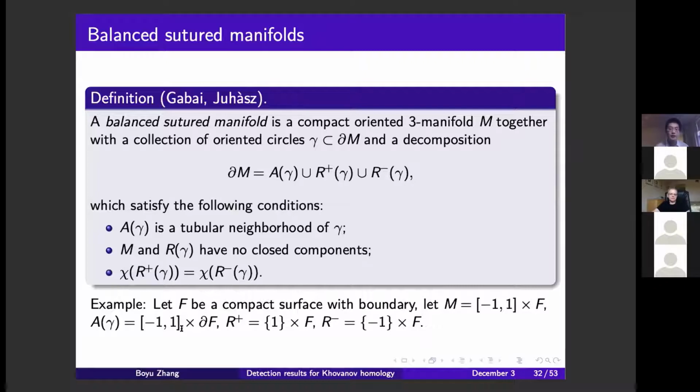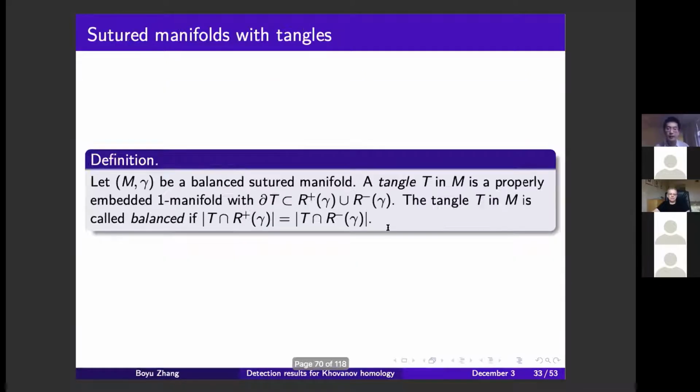And in this case, if we define A gamma to be the interval times the boundary of the surface, and we define R plus to be the positive end of the interval times the surface, and R minus to be the negative end of the interval times the surface, then this would make the product space a sutured three manifold.